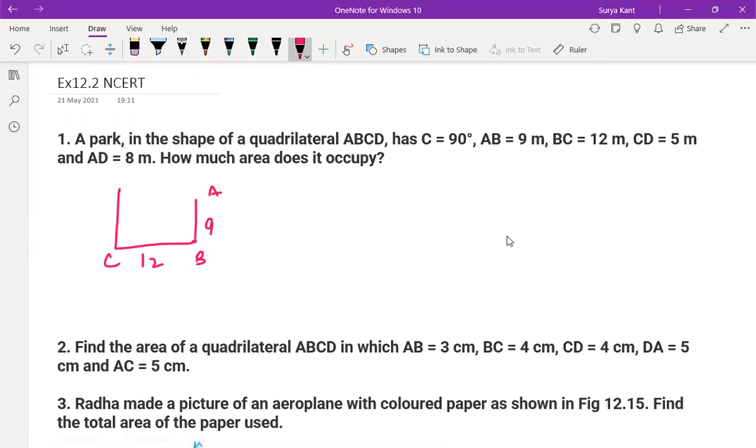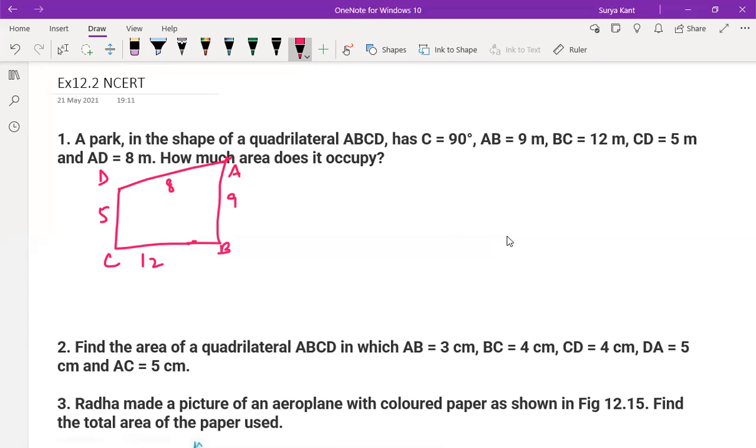CD is 5. Like this, A, B, C, and D. This is 9, this is 5. The park and AD is 8 centimeter.